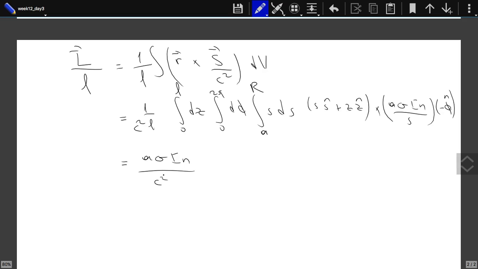Well, something might depend on z. So let's just say integral from 0 to L dz, from 0 to 2 pi d phi, from A to R s ds, s times s hat cross phi hat.